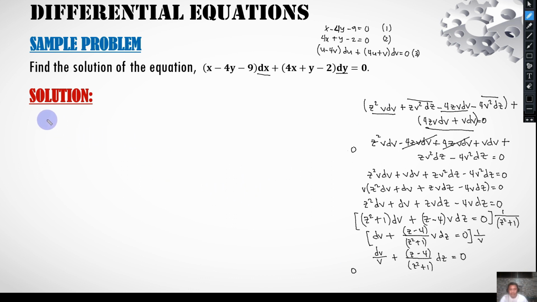So, this can also be written as dv over v plus z over z squared plus 1, and let's separate the minus 4, so it becomes 4 over z squared plus 1.